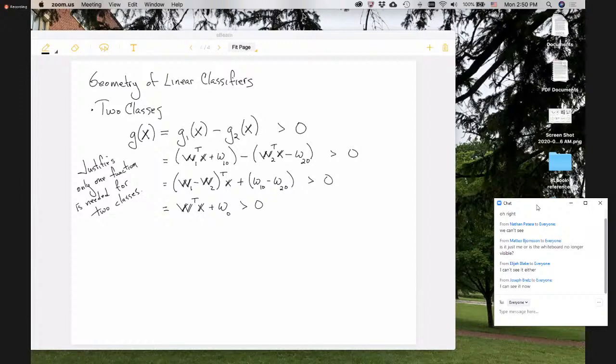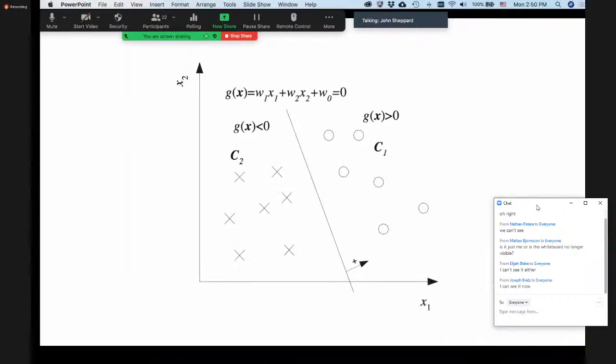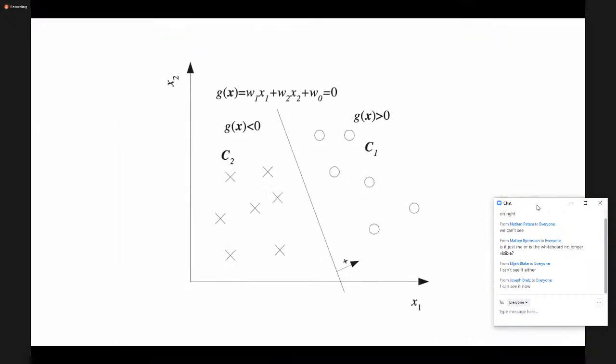I mean, we could have done that anyway, just looking at the geometry again, because this is showing geometrically what's going on here, where I have two classes denoted C1 and C2, and I've drawn a line that is separating those two classes out.